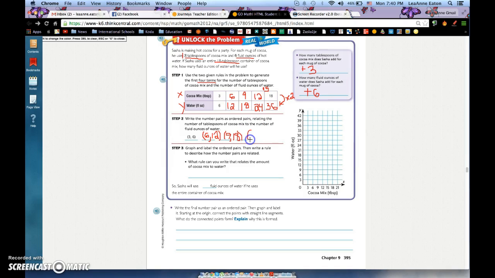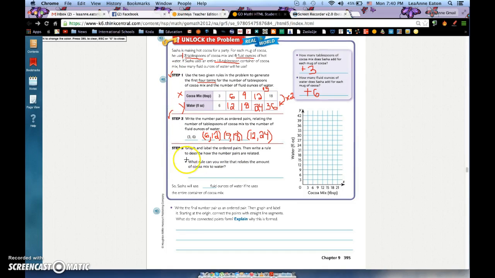And then we write (12, 24). Yours will probably fit a little bit better than mine because you're writing with your hand, not a mouse. Okay, (12, 24).